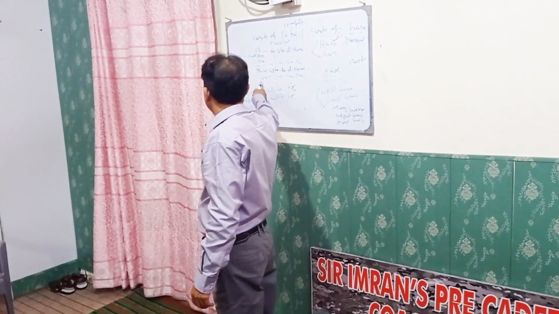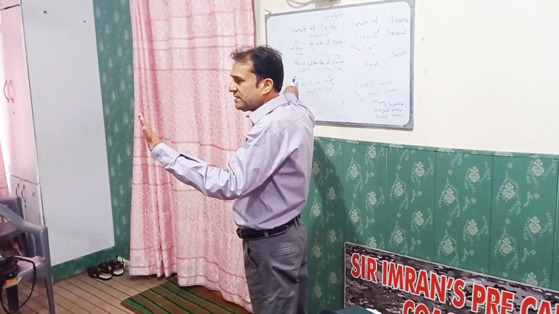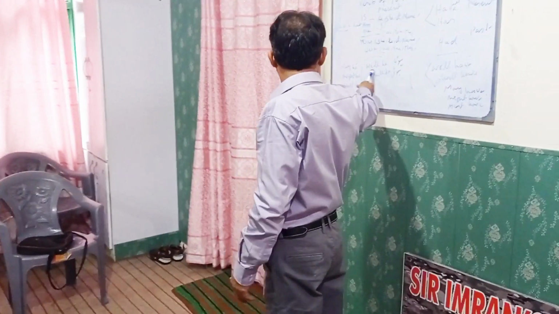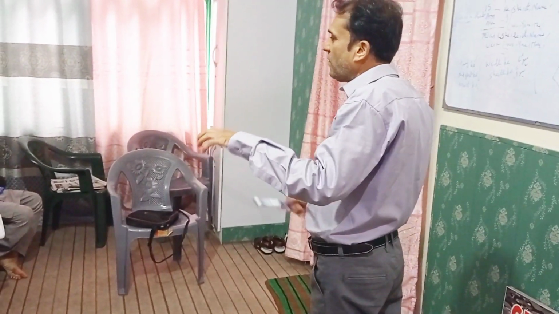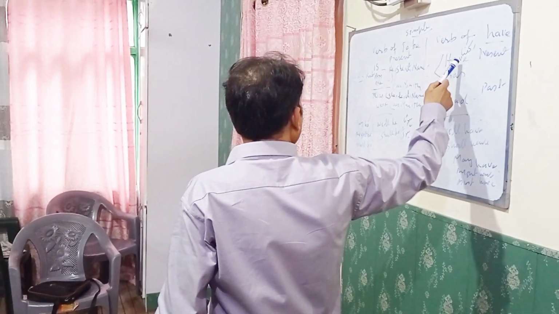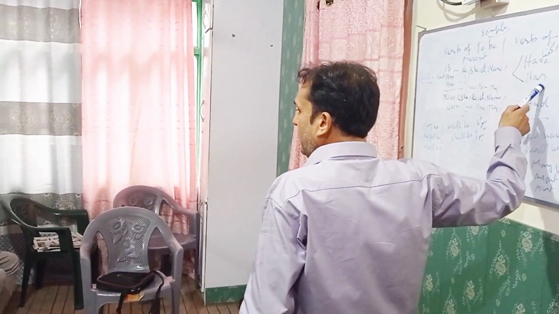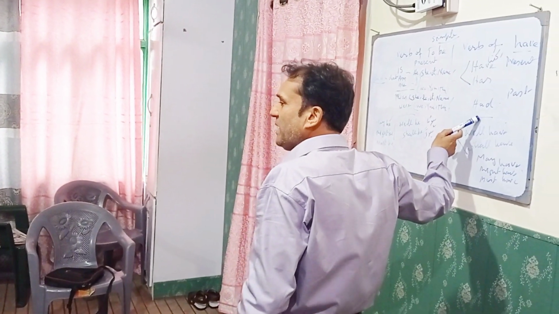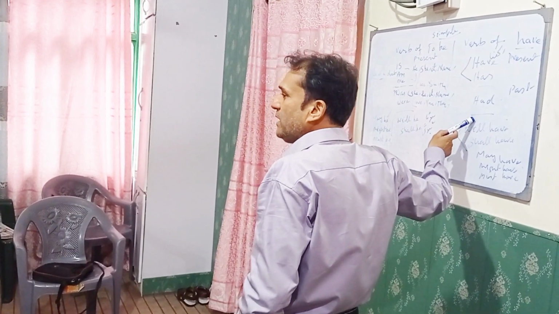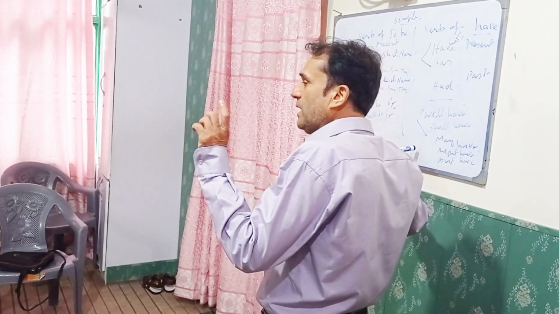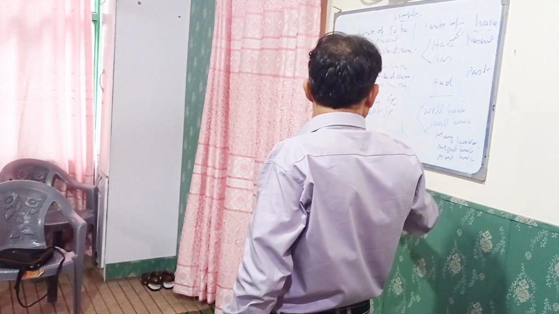Similarly, take was and were, and make 5 sentences with each pronoun: he, she, it, name of any person. Similarly, next is will be and shall be. Make 5 sentences of each helping verb. And now come to the verb of have. Make 5 sentences of have and then has. Similarly, take the next one. This is had. It is past perfect, but you have to make only simple sentences without any main verb. Similarly, next will have and shall have. You are supposed to make 5 sentences of each helping verb, and then may have, might have, and must have.